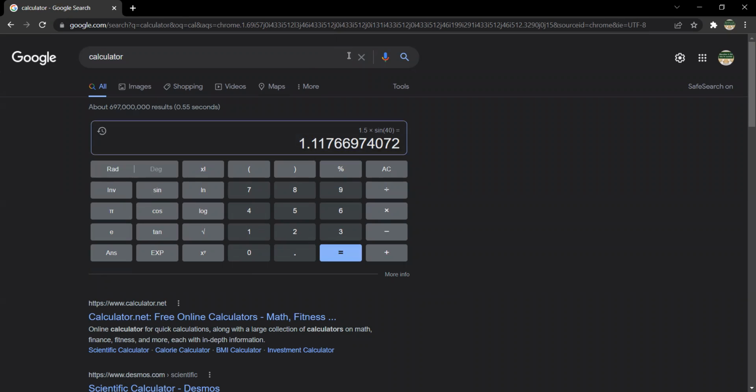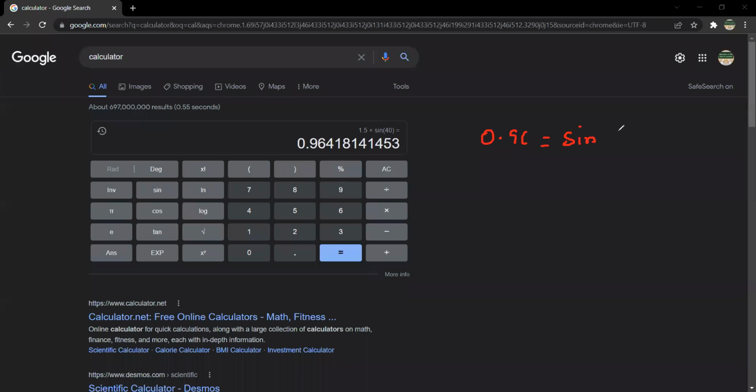But always remember, whenever you're solving a question, your angle should be in degrees. First it was in radian, so I have to do it again. 1.5 multiplied by sine 40 is 0.96, so 0.96 is equal to sine R.